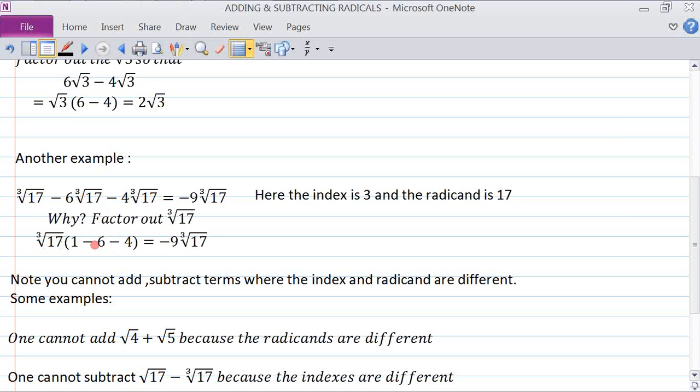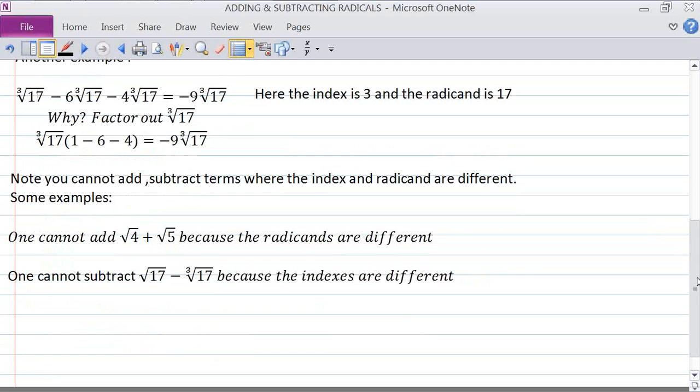So now, 1 minus 6 minus 4 is 1 minus 10, which is minus 9. I usually put this in the front, not afterwards. So I got minus 9 cube root of 17. This 9 is applying to this. This little 3 is a cube root of 17.